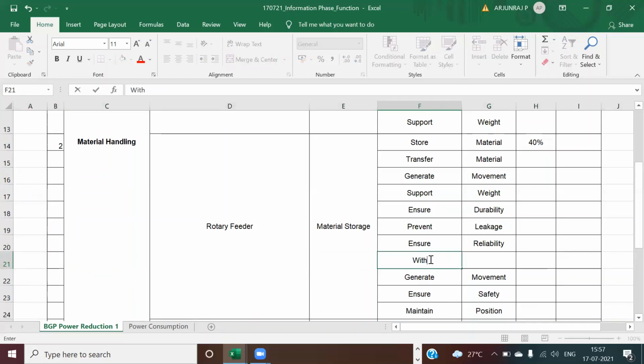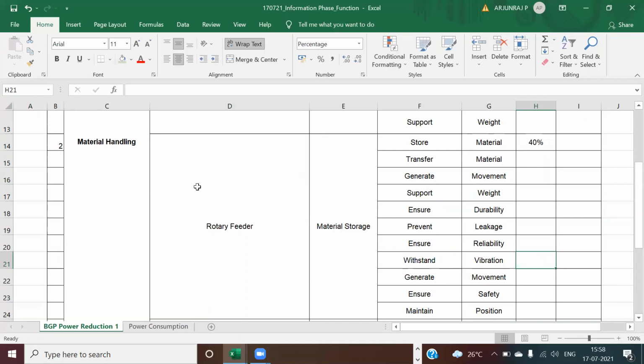Here I'm writing vibration also. It has a shaft, no? The vibration should be lesser, and it should also have lesser noise. You can put those things here, but you need to ensure that whatever you include should have some cost also. It's a very big one.